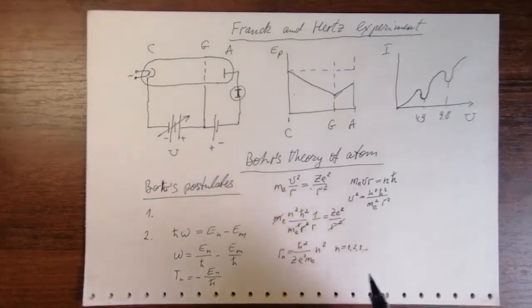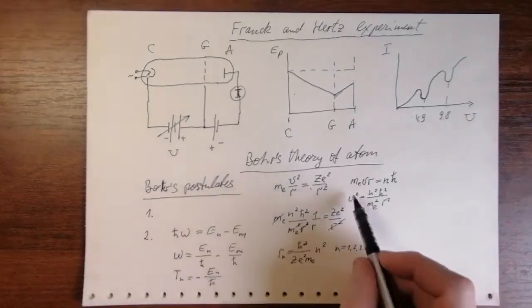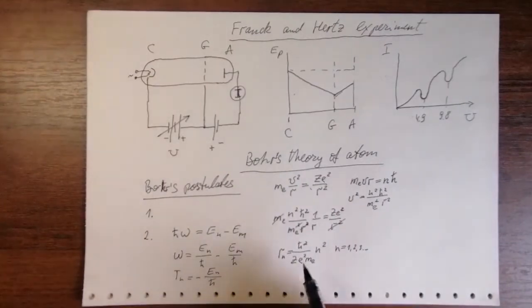Now we see that from this assumption we have some radii of orbits for electrons in the atom. And these radii of orbits are discrete, as was suggested by the first postulate.